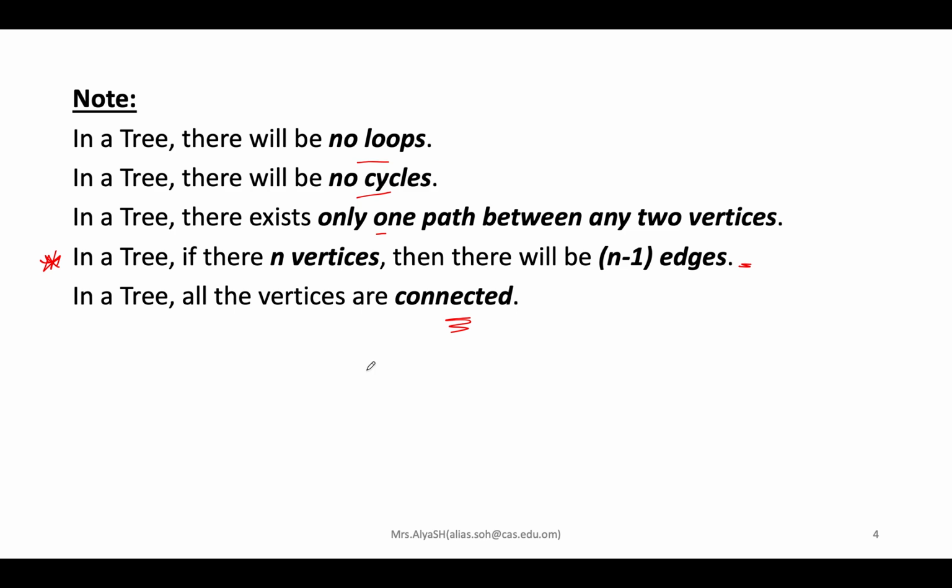And the last rule is it should be connected. Right? Now, let's see this example here. The example says we want to find the number of edges in a graph or in a tree where it has 16 vertices. We've already knows that number of edges in a tree is equal to number of vertices minus 1.